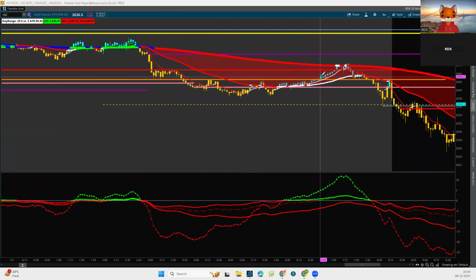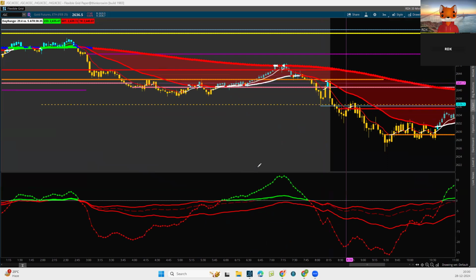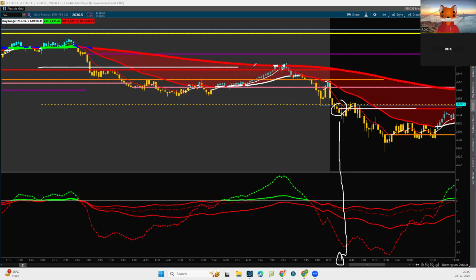Okay, so the next one in this sequence is the 8:30 news line. A lot of important daily, weekly news happens at 8:30. Right there, 8:30 New York time is where this red line starts. And if you again notice, this was the previous day's red line, the previous day's 8:30 open line, and it stopped right there.